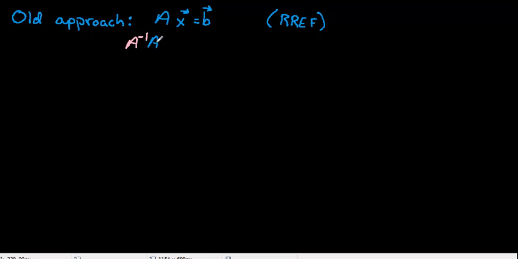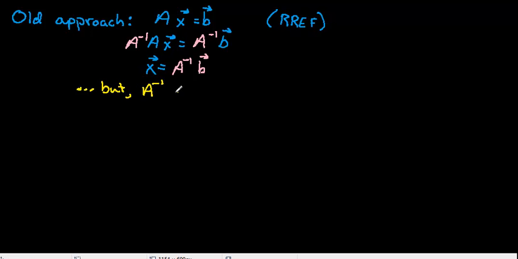So you have A inverse Ax equals A inverse b. And that's a great approach, but it's only a great approach when A inverse exists, right? A inverse might not always exist. So let's make a note of this. So the big but here is that A inverse might not exist.